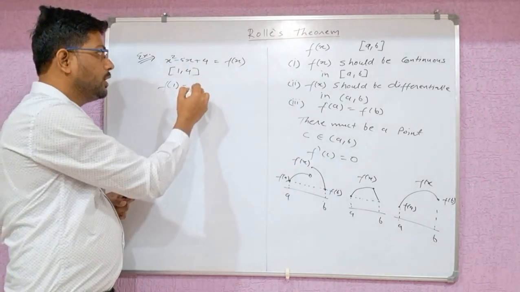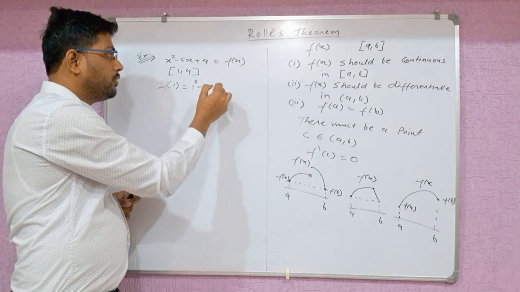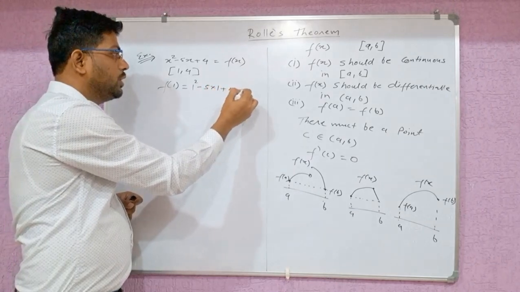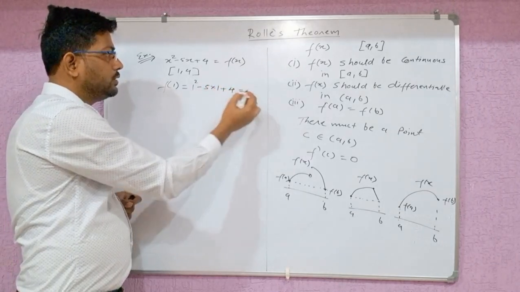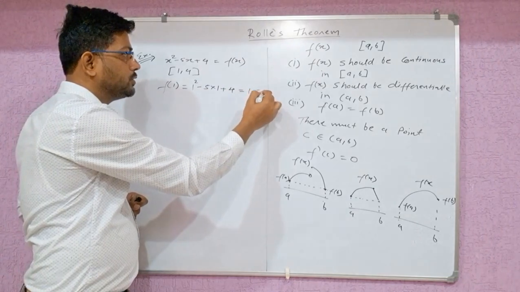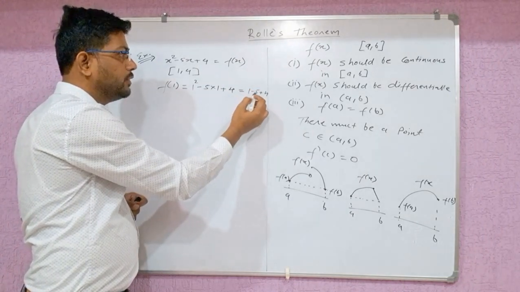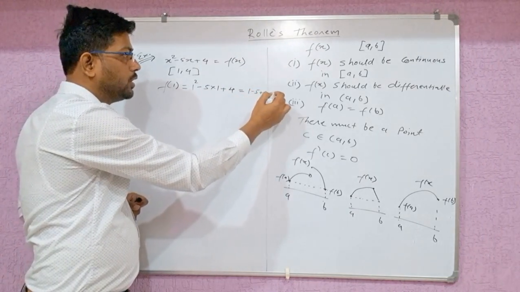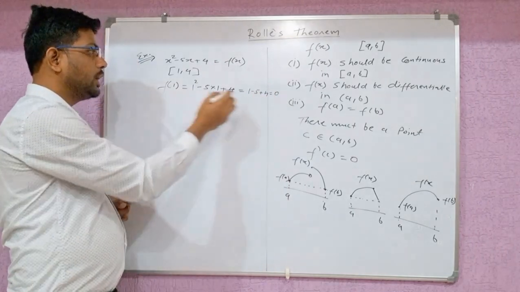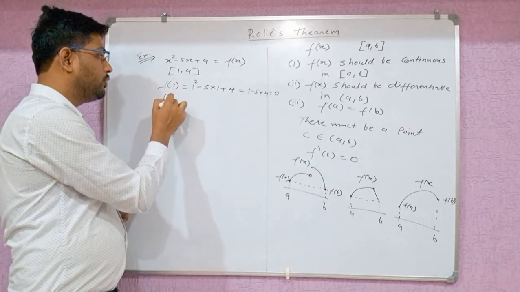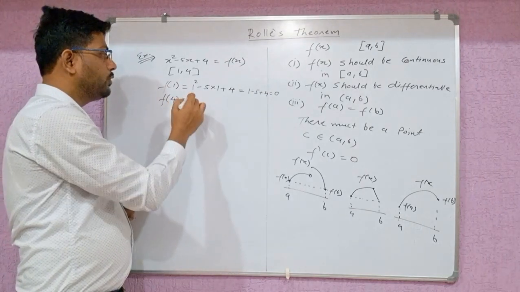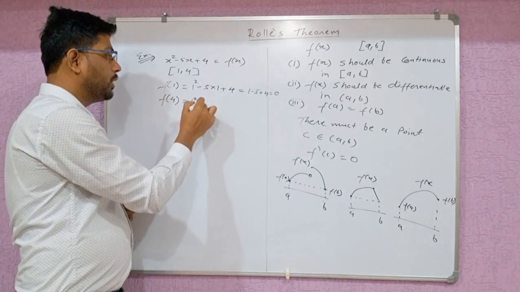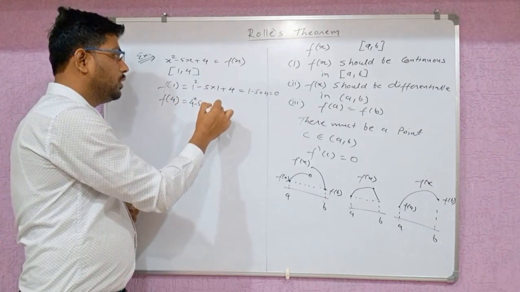So this will be 1 square minus 5 into 1 plus 4. So this will be 1 minus 5 plus 4. So this will be 4 plus 1, 5 minus 5, that is equal to 0. So f(1) is 0. Now f(4) we'll calculate. So f(4) will be 4 square minus 5 into 4 plus 4.